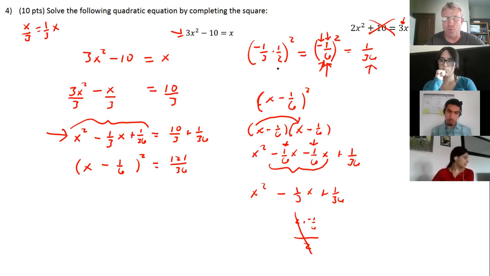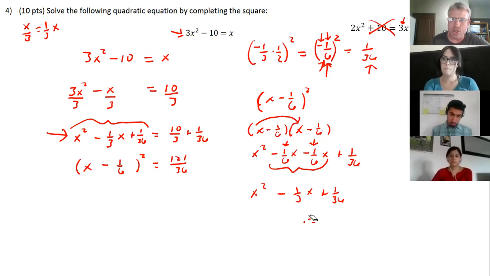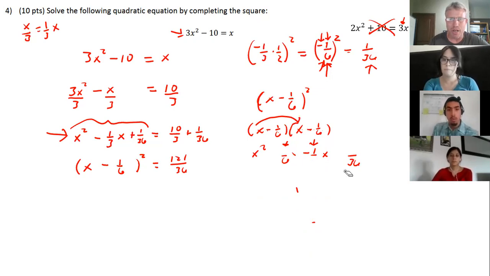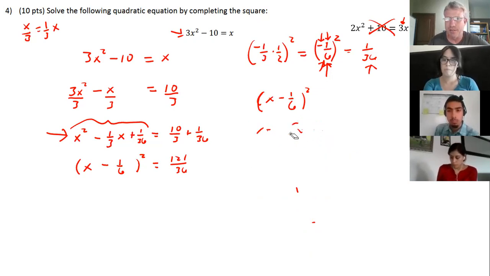That's why you halve it, because it's half of whatever it added up to that got squared. So you could check your work, and if you square it out and you don't get back the previous line, you know that you made a mistake somewhere.